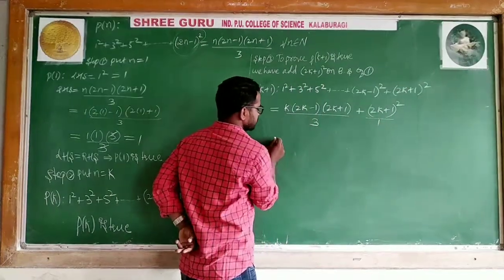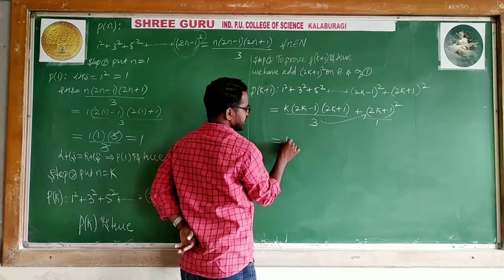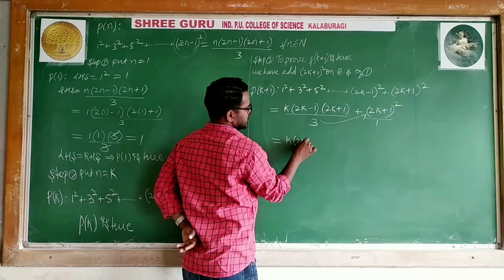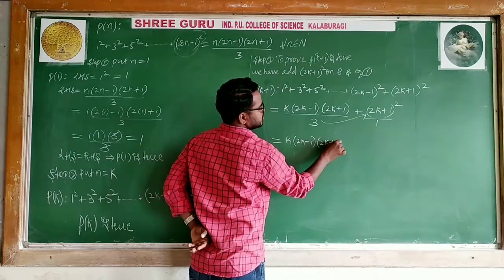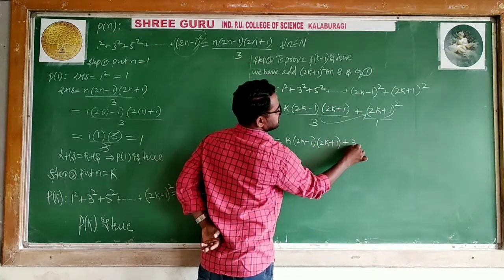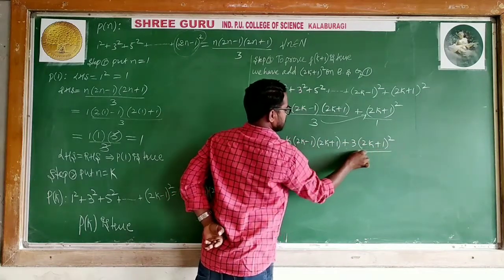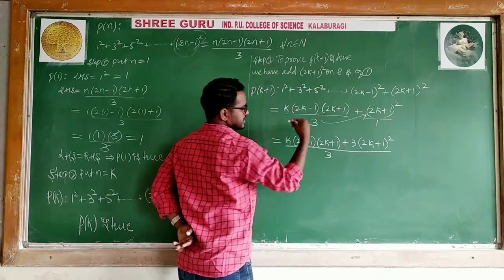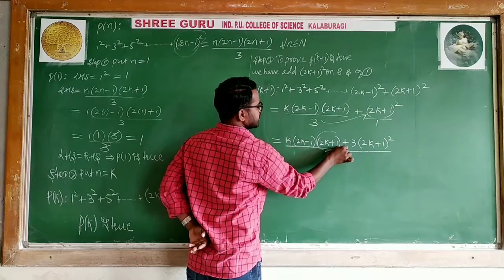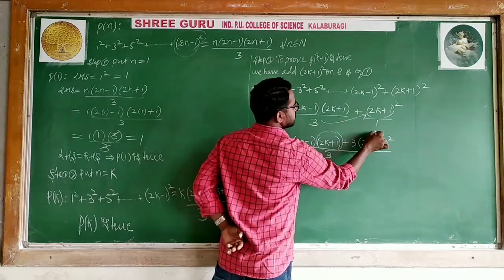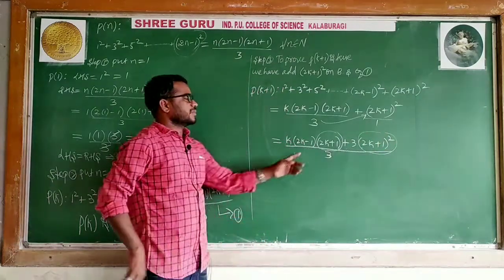What will the LCM be? 3. 3 is the LCM, so you multiply by 3 here. What happens? k into 2k minus 1 into 2k plus 1, plus 3 into 2k plus 1 whole square, whole divided by 3. See, 2k plus 1 here and 2k plus 1 here, I can take 2k plus 1 common.